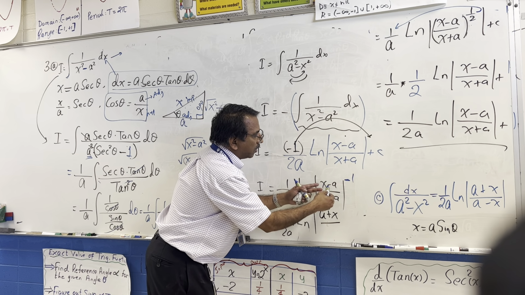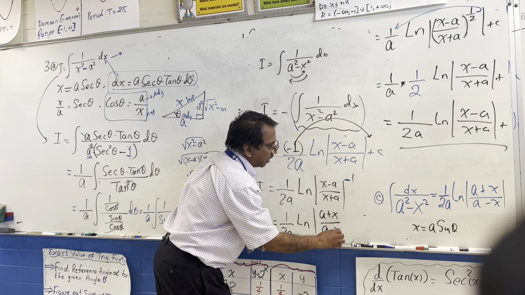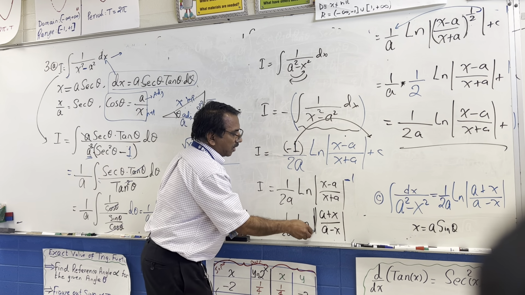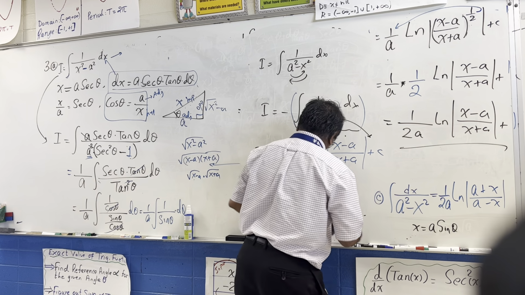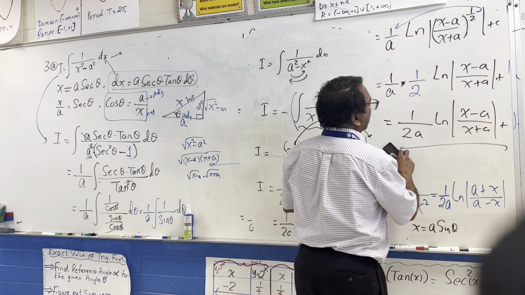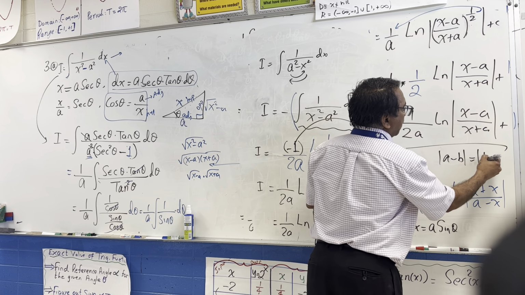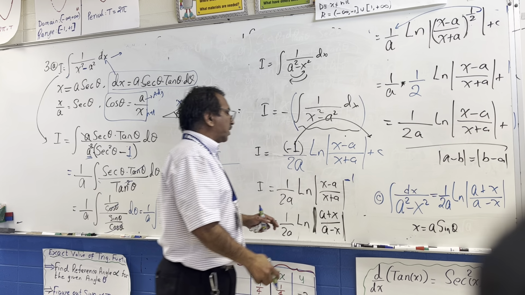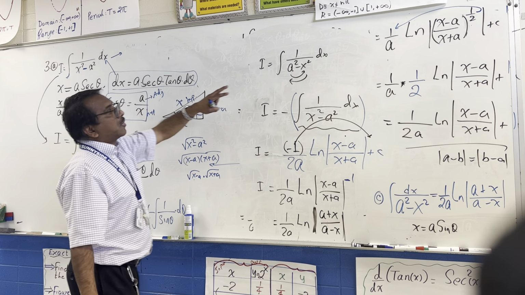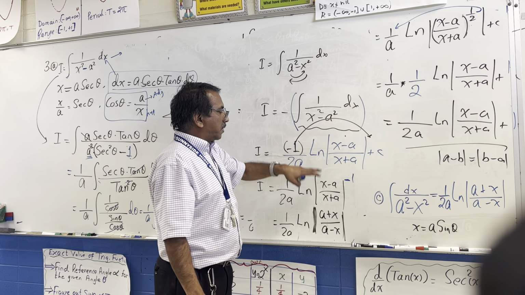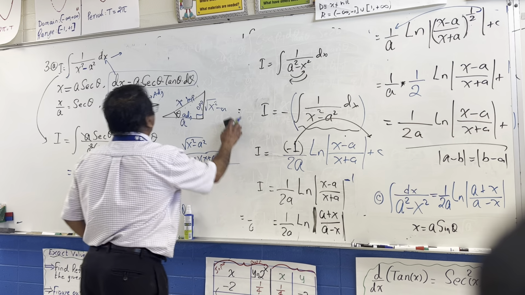It doesn't matter that this flips, and x minus a or a minus x is one and the same because there's an absolute value sign, so we can always change the order. Absolute value of a minus b is the same as b minus a. So as a universal way we write it, if it is given to you as a squared minus x squared, then it is a plus x and a minus x. That's all it is supposed to do.